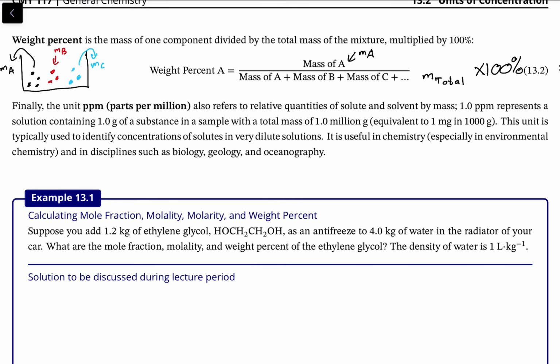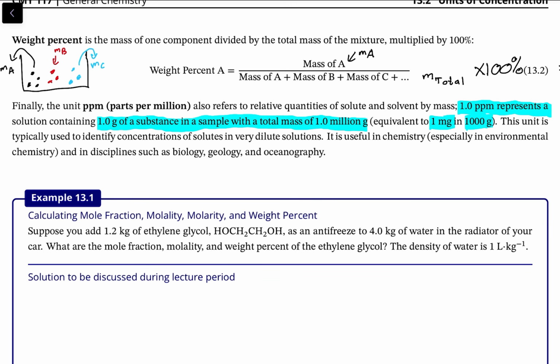Let's first look at the pure definition. 1 part per million represents a solution that contains 1 gram of a substance in a sample with a total mass of 1 million gram. This is equivalent to 1 milligram of a substance in 1,000 gram.